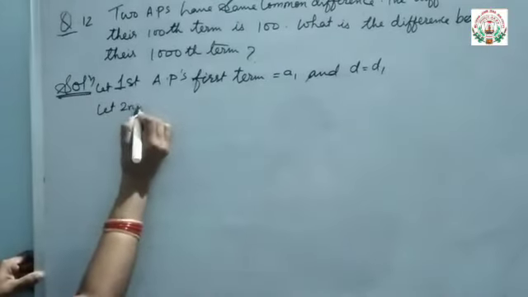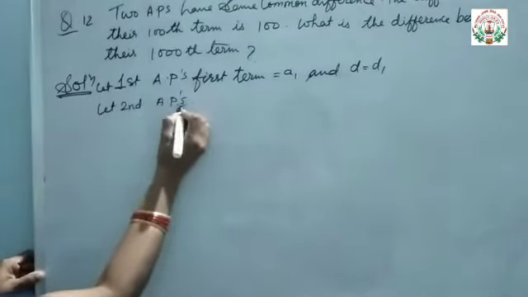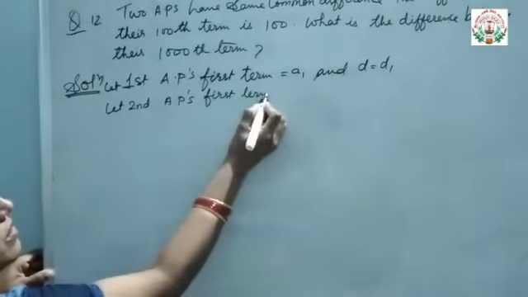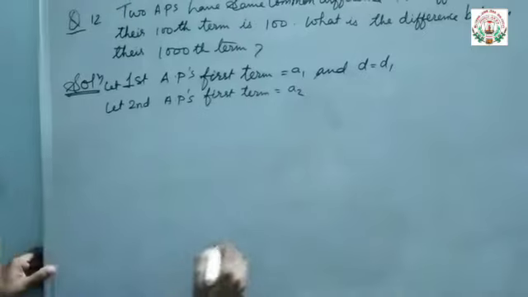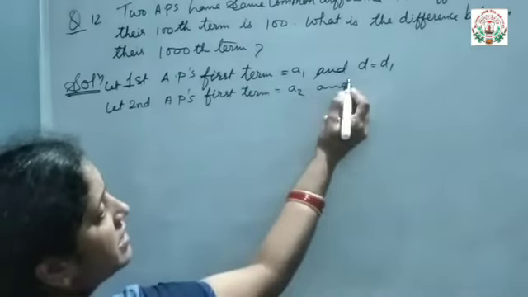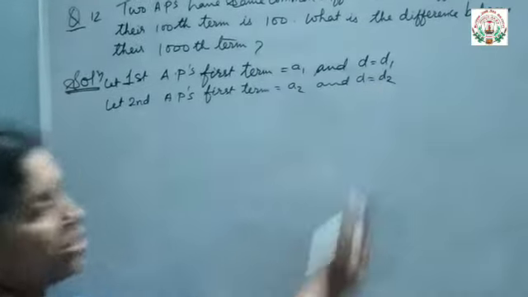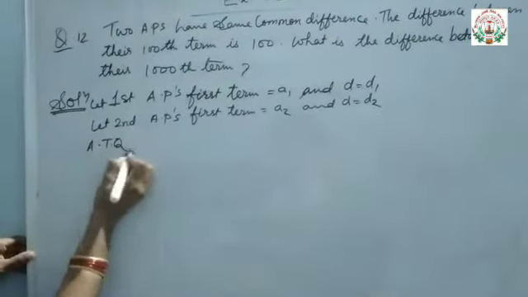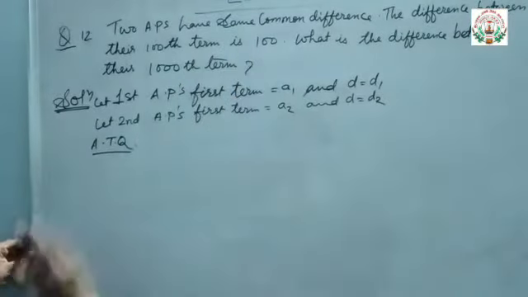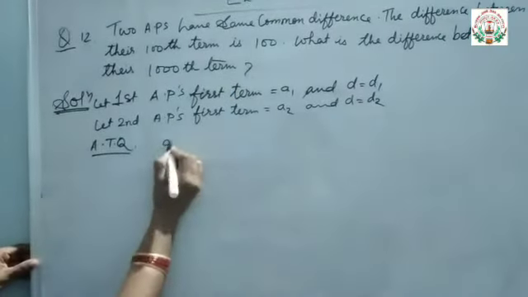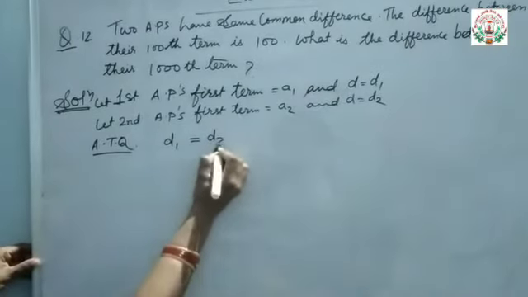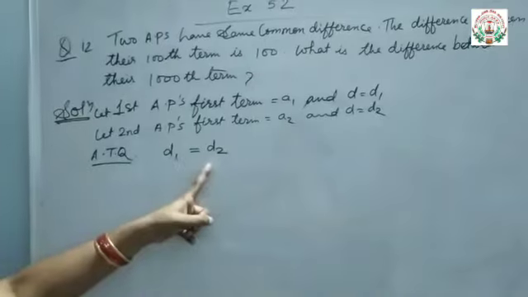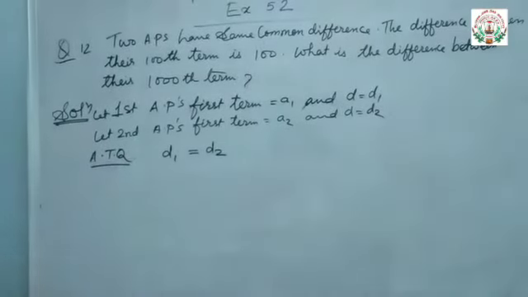Let the second AP's first term be, suppose, A2, and d equals d2, suppose. But according to the question, what is given? The common difference is the same. That means d1 equals d2. Clear? According to the question, d1 equals d2 because their common difference is the same.